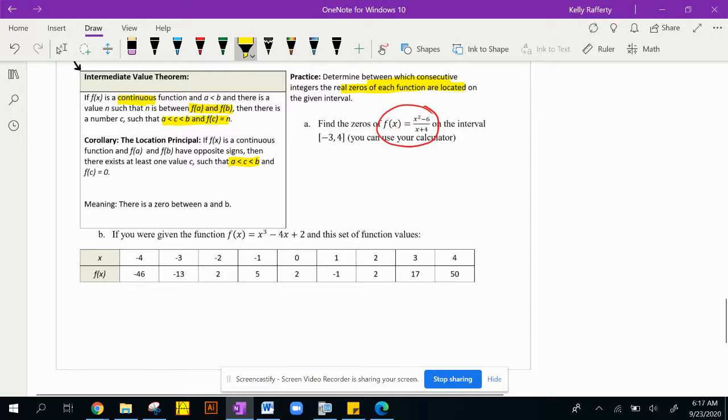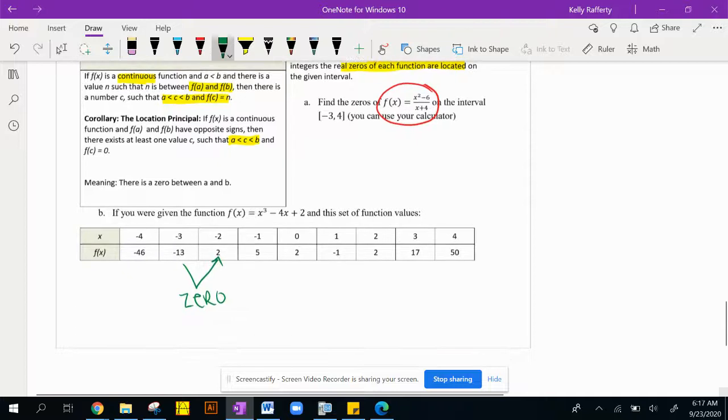Whenever the sign changes, that's when we're going to have a zero. So from negative 13 to 2, we would have a zero between these values, right? Because I need to cross over the x-axis if this is a continuous function. And they really should add that this is a continuous function, right? There are no breaks.